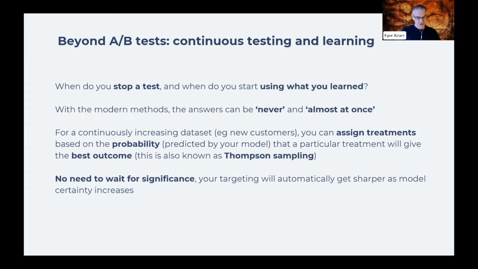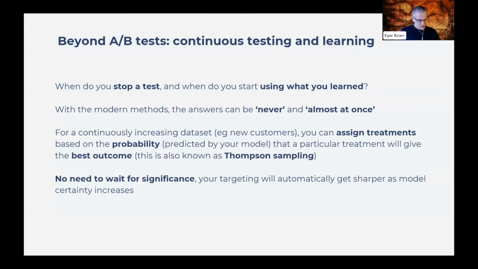Instead, as soon as you get a sample from a test, started randomly, the model will give you a confidence about which is the best thing to do for a particular customer. And you don't have to be certain. Maybe it's even a 10% higher probability that treatment will get better results than doing nothing for the customer.